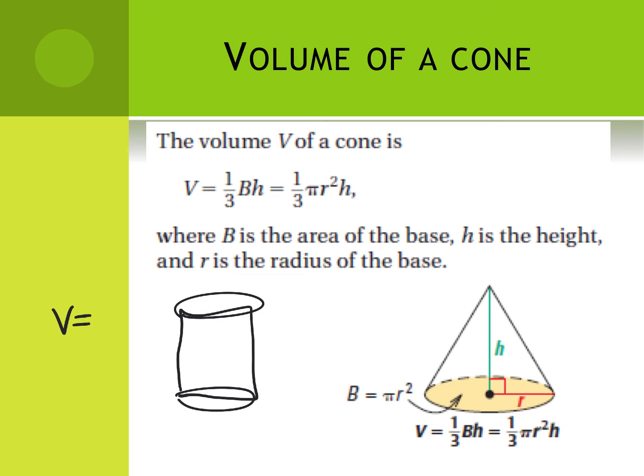The volume of the cylinder is BH, no 1/3. And again, that base is a circle. So the only difference between the cylinder and the cone is it's missing the 1/3, because we haven't cut off part of it. So let's go ahead and try some examples using the formulas you just learned.